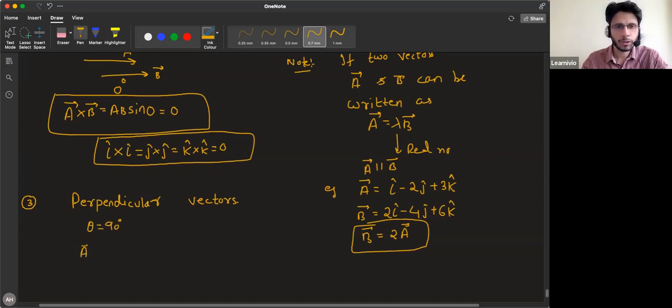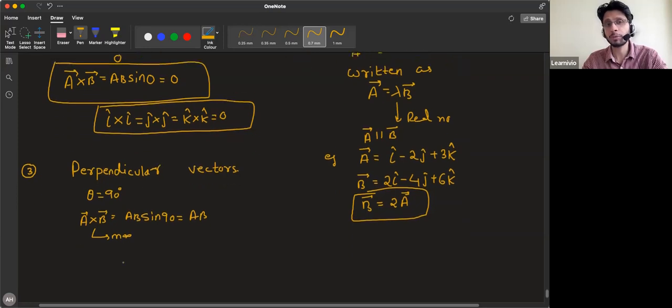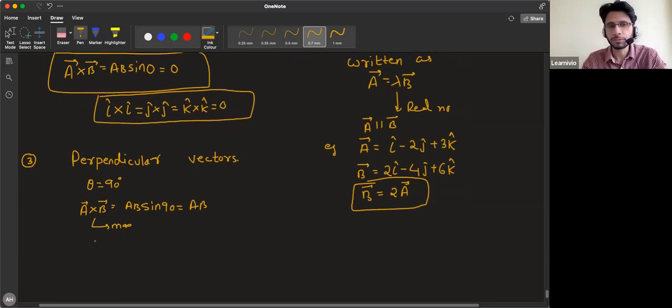So let's open A cross B. What's the formula of A cross B, Betsy? AB sine theta. Theta is 90 degrees now, and sine 90 is 1. So that will be AB. This is the maximum value of the cross product. Your cross product is maximum if vectors are perpendicular to each other.